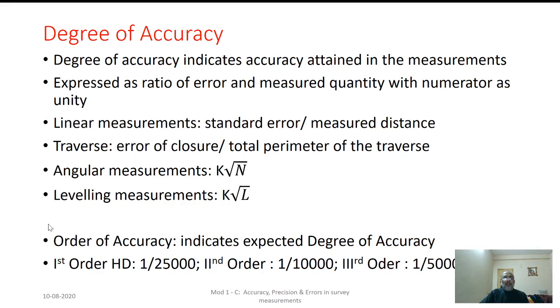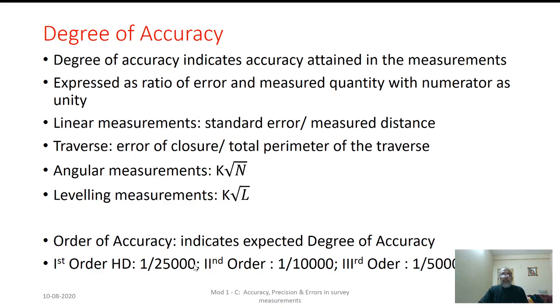So here, this order of accuracy is the term associated with the expected degree of accuracy. Say, for example, if we are dealing with certain horizontal distance measurement, and if the degree of accuracy expected is first order, we have to have the order of accuracy as 1 in 25,000.